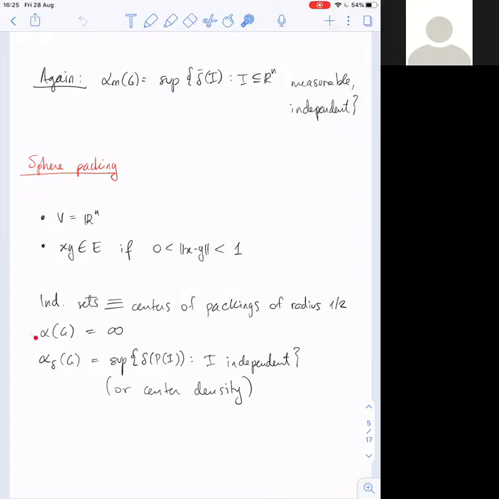Again, the independence number is infinite, but then you can redefine it. You can say that the independence number is the largest density of the associated packing, or perhaps the center density, whatever you like. So then you have a workable, reasonable version of the independence number, with which you can work.